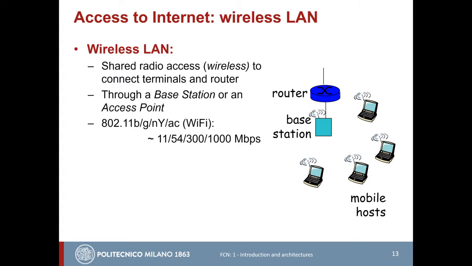So the other wireless solution is the so-called wireless local area network. It is, for example, the way you can access internet and stay in this room by using the wireless connection, the Wi-Fi that is there. In this case, usually these solutions are for free.